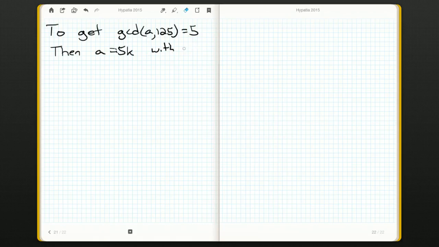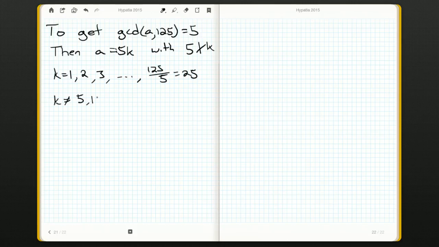Otherwise, we'd have a factor of at least 25, and then our GCD would be at least 25. So a is between 1 and 125. That means k can be 1, 2, 3, all the way up to 125 divided by 5, so 25.